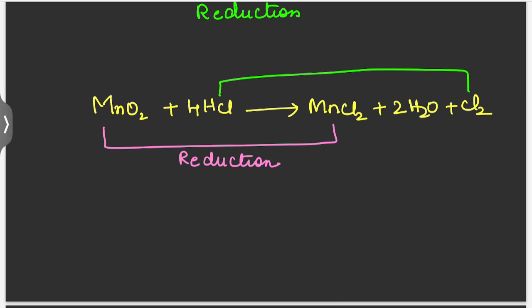And here you can see HCl is converted into chlorine. What is happening here? Hydrogen is present here, whereas hydrogen is absent. There is removal of hydrogen. Removal of hydrogen is called what?